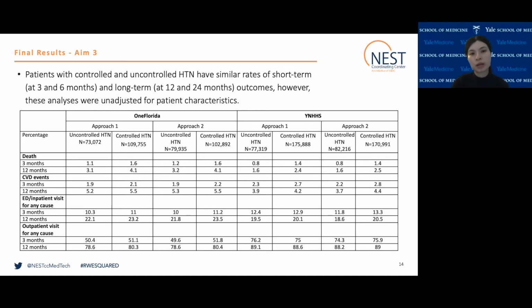Even for 24 months, it's still not long enough to distinguish the outcome between the two groups. And again, this is just a simple descriptive analysis. We have not adjusted for any patient characteristics. So just the accrual rate, we show that the outcome events are quite similar between the two groups.